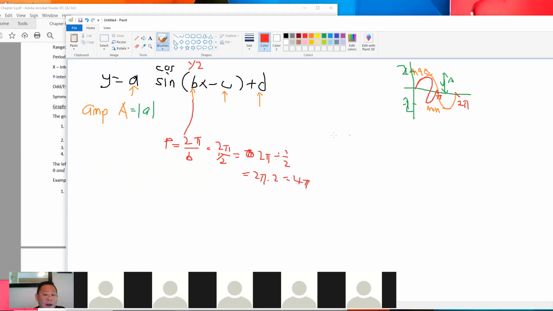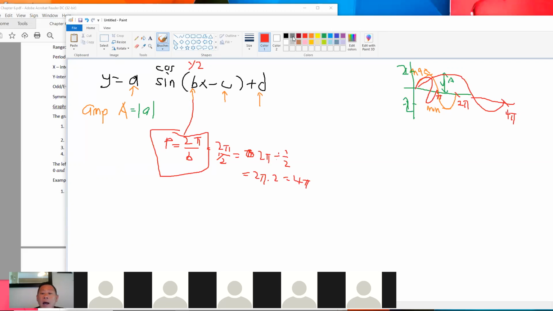So when you have 1/2 for your B, the period is stretched to 4 pi, so you're stretching double. B tells us how stretched or how shrunk the graph is horizontally, and the formula to find it is 2 pi over B.